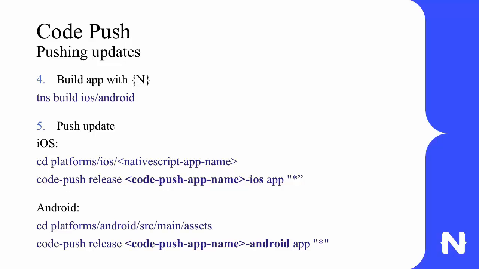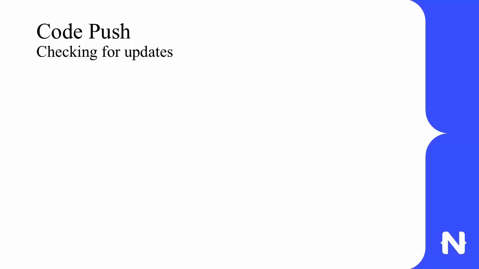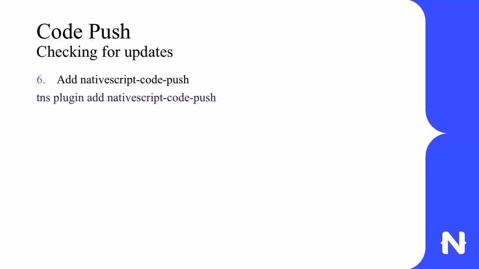And then we do something similar for Android, but this time we have to go into platforms, Android, src, main assets, and then we call a similar command to do the code push.